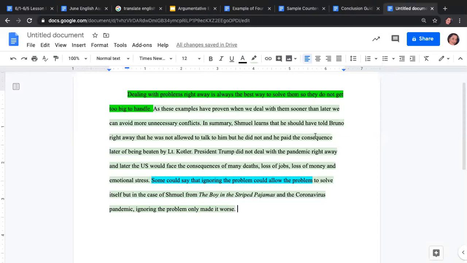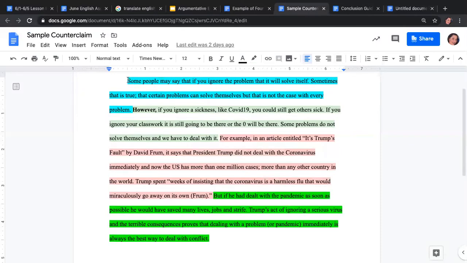I looked at my topic sentence in my body paragraphs, and that's what gave me the points that I needed to talk about in my conclusion. And it almost gave me the words too. So just going to my sample counterclaim, using the topic sentence, using my concluding sentence, and even the same for the other body paragraphs, I was able to figure out, okay, it's like a little hack, right?